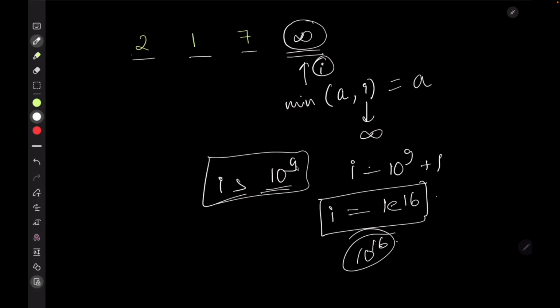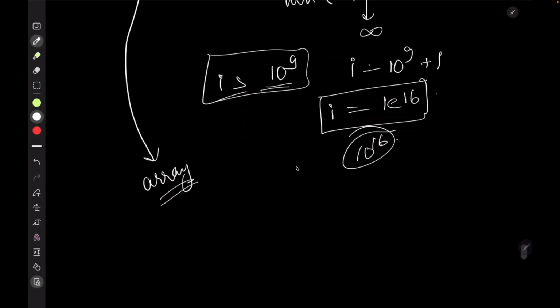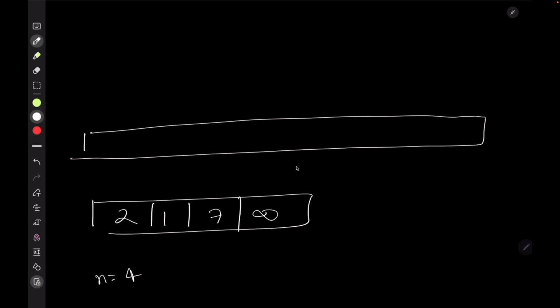Now how are we going to store it in our program? We'll use an array for it. So we have the array 2, 1, 7 and infinity. What we will do is create another array of size 2n. Suppose n is now 4 here, we will create an array of size 2n.